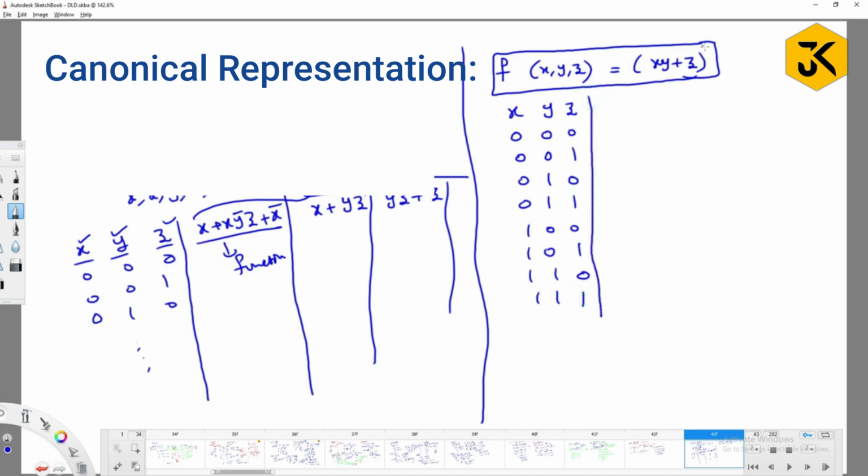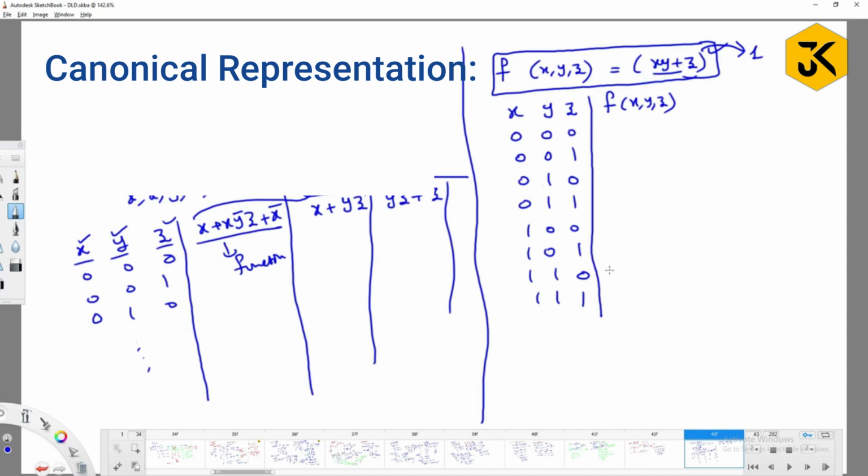See guys, what does the function mean? If you give any kind of inputs, the result you are going to get is f of x, y, z, right? Try to observe. I am trying to get the output for this one, x y plus z.